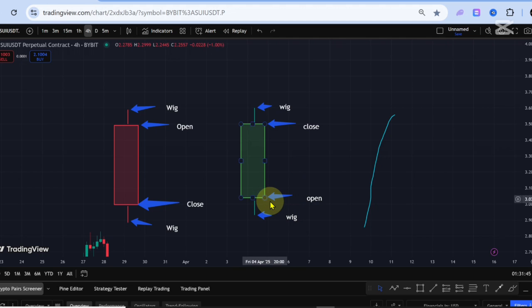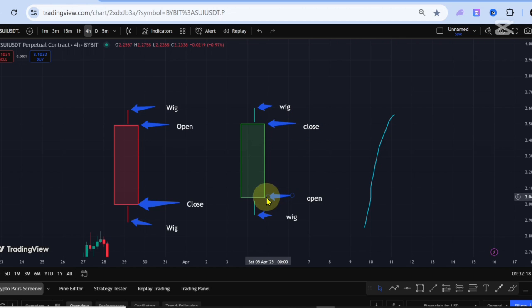So the place where the price starts today is called the open of the candle, while the high point where price ends for that particular day is called the close. So if price moves from $2 to $4, the initial place the price was is called the open, while the final point that the price went to is called the close.